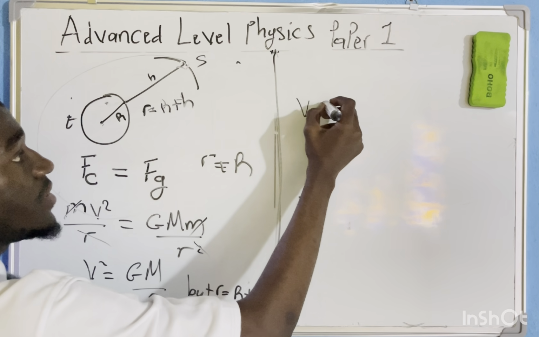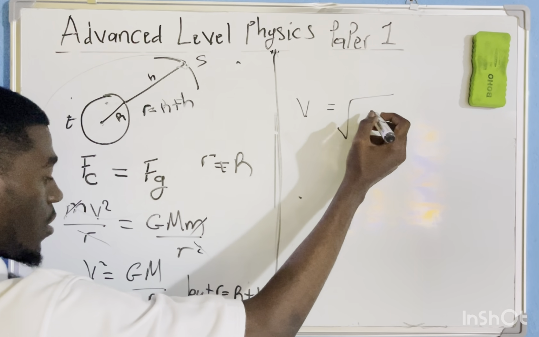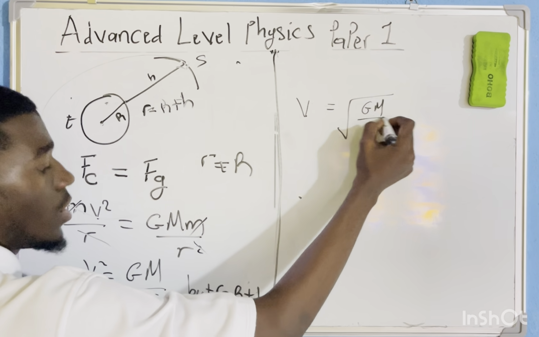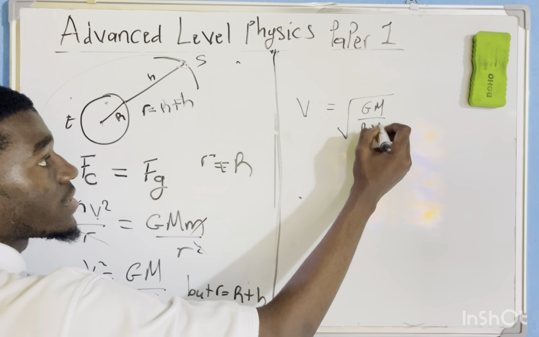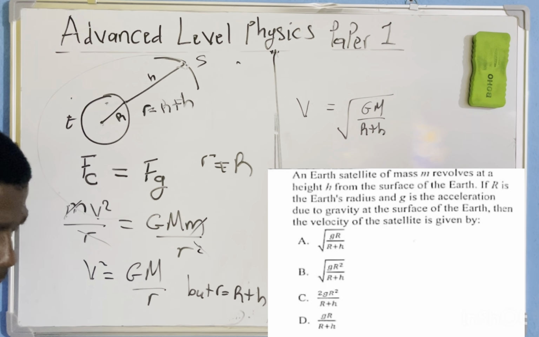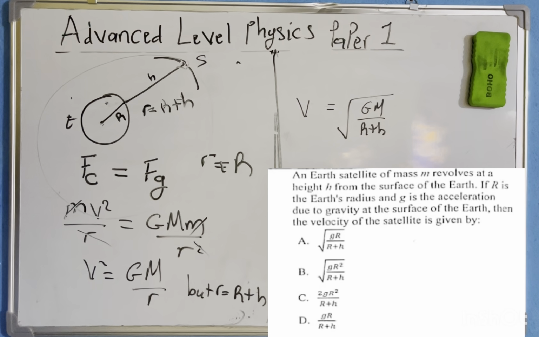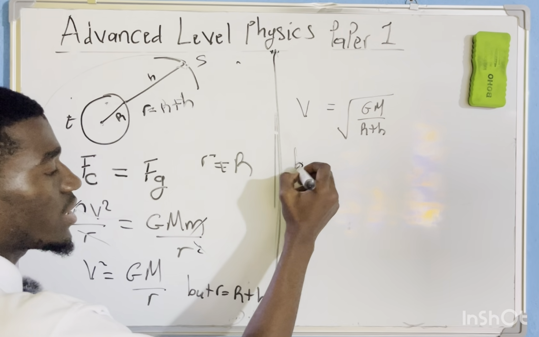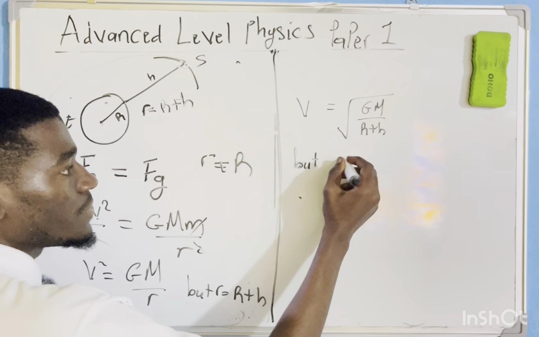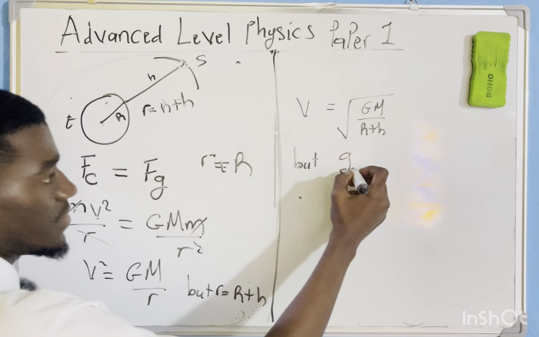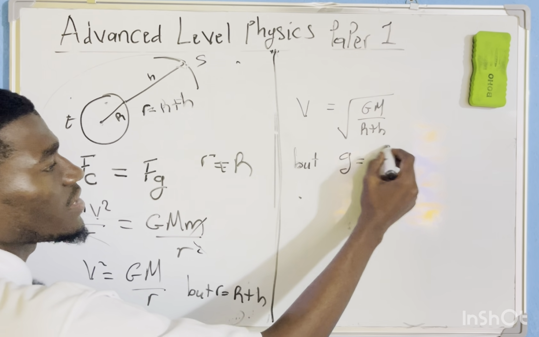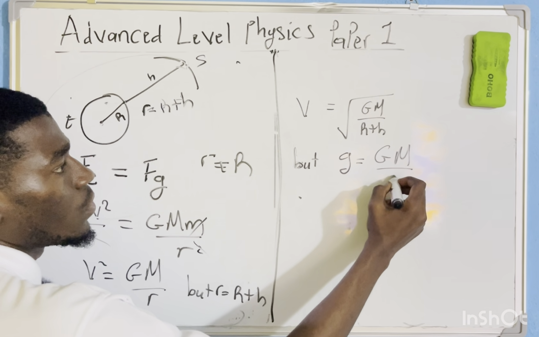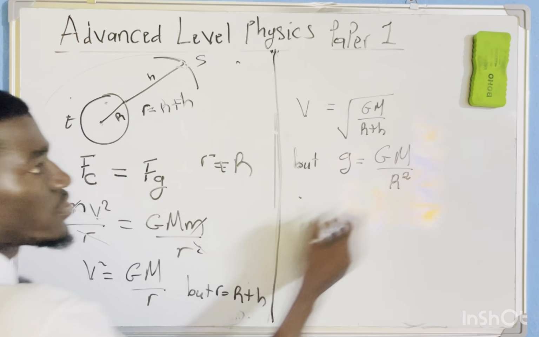So my v is simply equal to the square root of GM all over big R plus h. Now I should break down something else: the gravity on the Earth's surface. The gravity on the Earth's surface is GM all over the radius of the Earth squared.